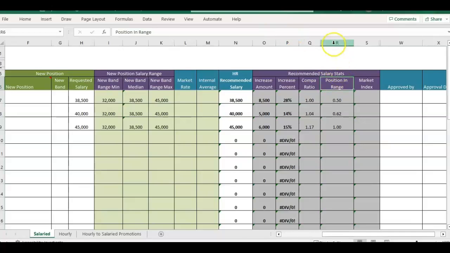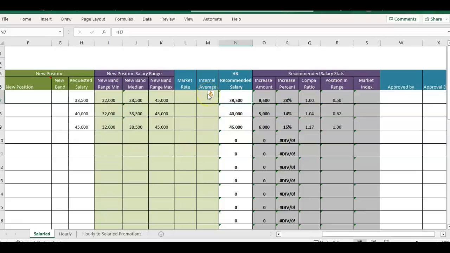So what this number means is it's looking at the employee's salary. For this, we're using the HR recommended salary or the recommended increase, the new salary, and we're comparing the new salary to where it falls within the range. So where does it fall between the min and the max?